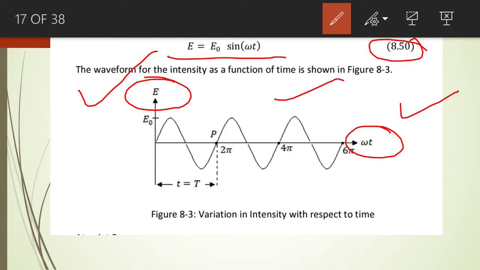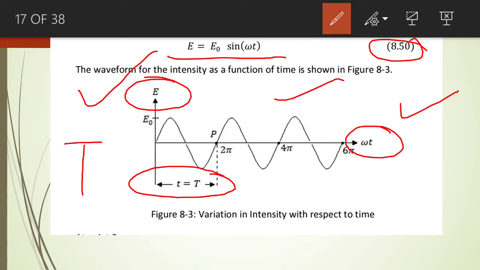So we can say that the magnitude of the electric field intensity varies sinusoidally with respect to time. You see, the time taken by one complete cycle of the wave is known as time period. And time period is represented by capital T.